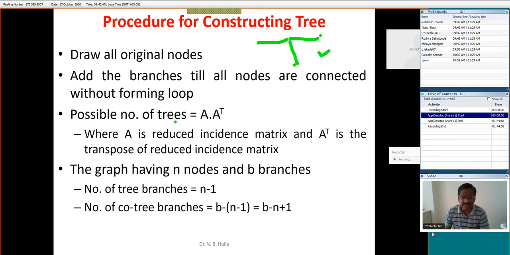The possible number of trees is nothing but A into A transpose, where A is the reduced incidence matrix and A transpose is the transpose of the reduced incidence matrix. Right now, I have not discussed the incidence matrix or reduced incidence matrix.